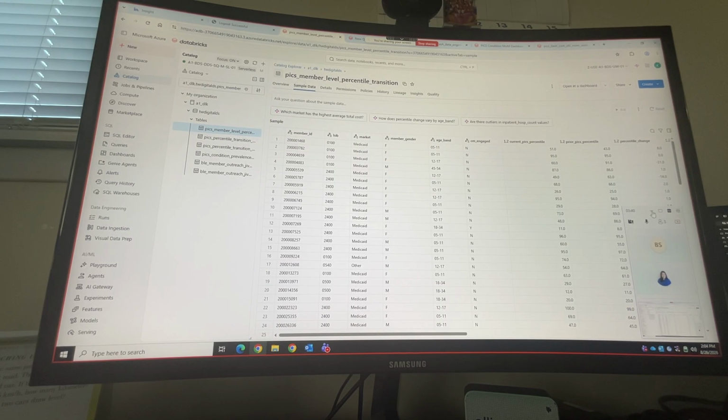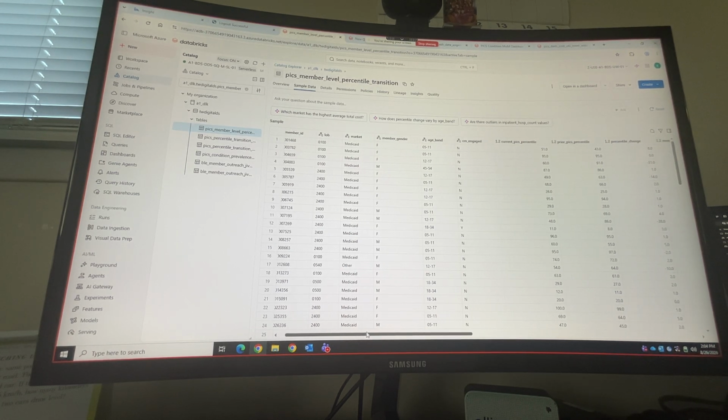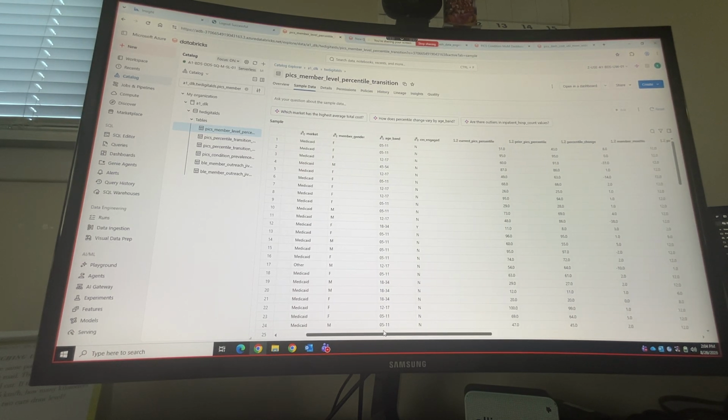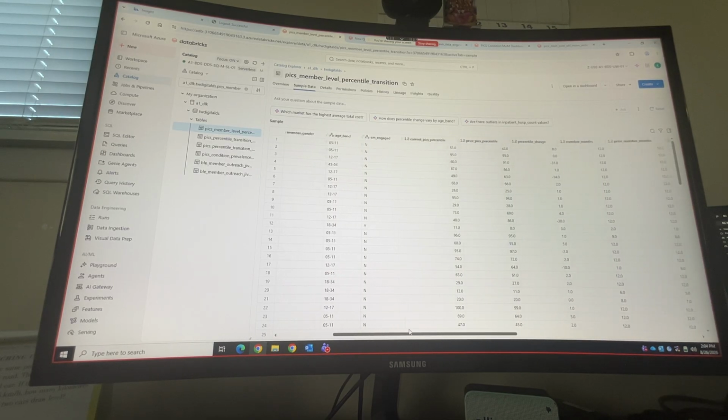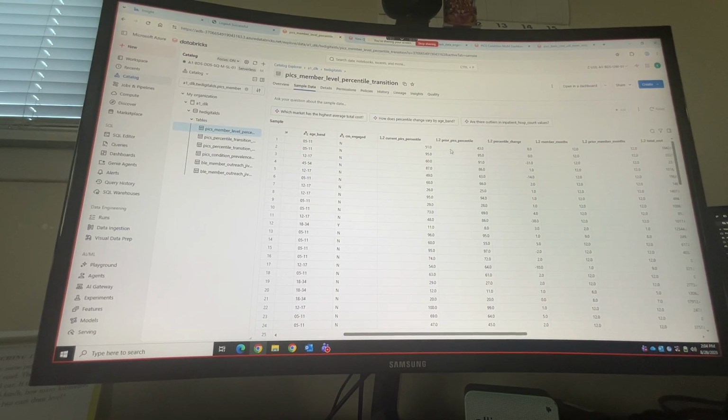So this is our member level percentile transition. It has all the unique members. So we can see how the percentile has changed and the change count over here.